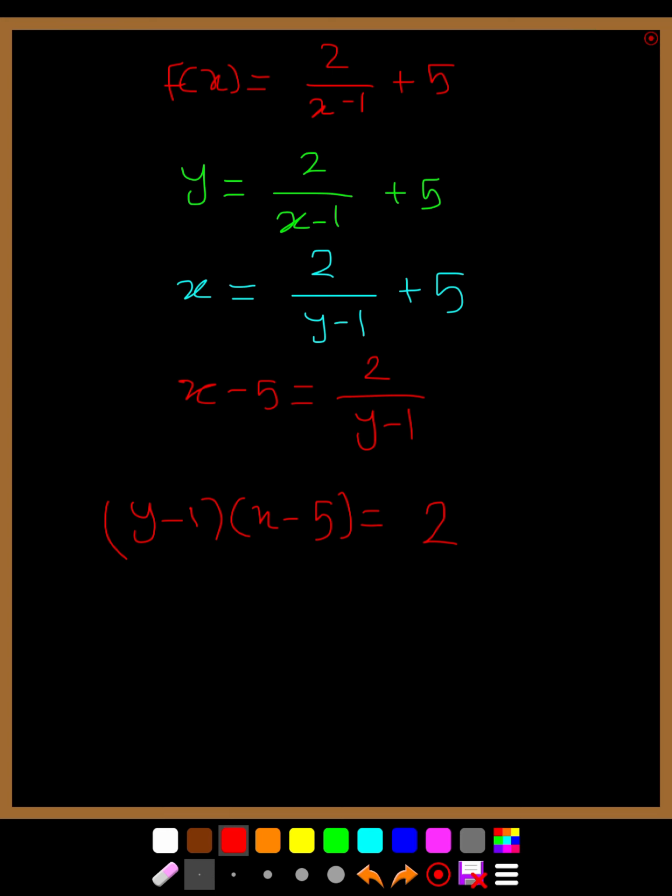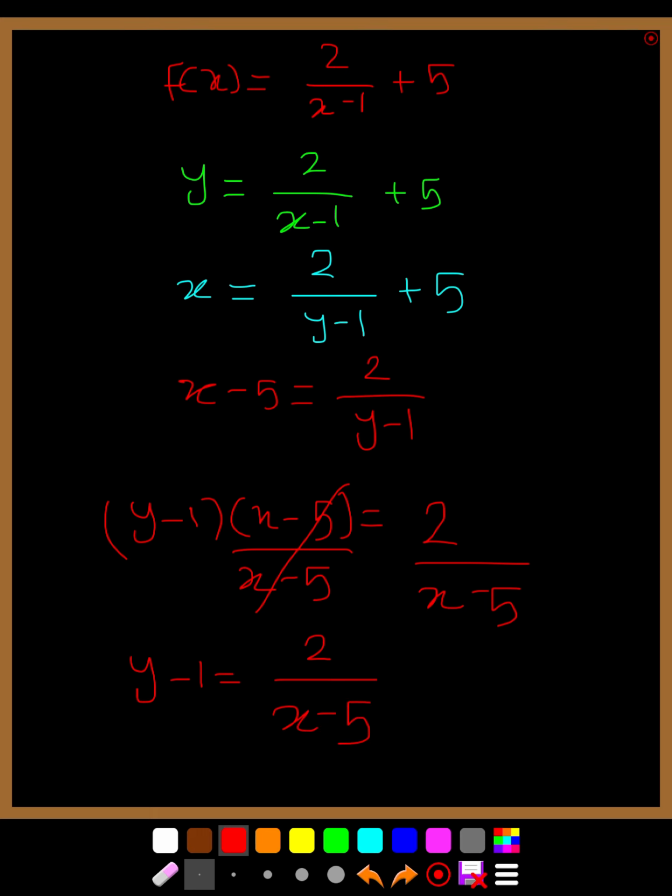What you will do after, you can divide both sides by x minus 5. This one will be cancelled, so you have y minus 1 equals 2 over x minus 5.